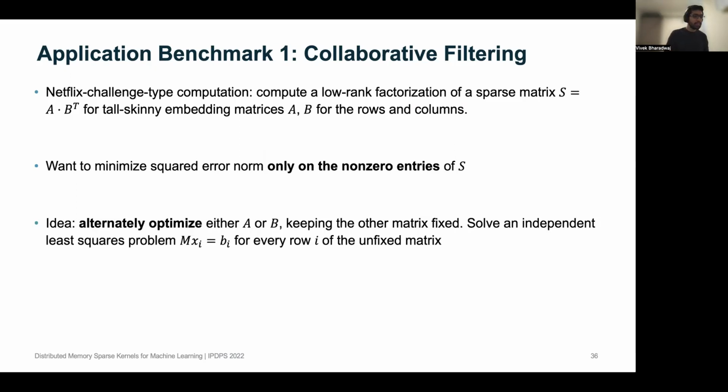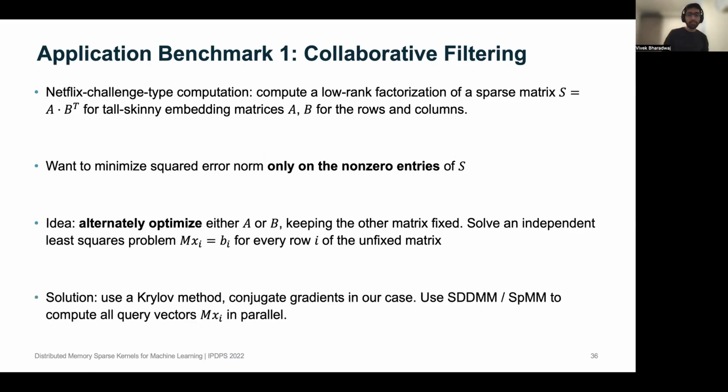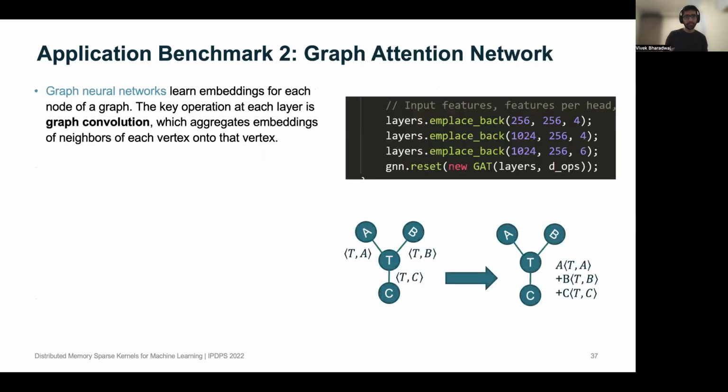And what this leads to is an individual least squares problem for every row of the unfixed matrix. We're going to alternately optimize either A or B, keeping the other matrix fixed. And the solution to solve all of these systems in parallel is to use a Krylov method. We're going to use conjugate gradients, and we're going to use SDDMM and SpMM to compute all the query vectors at once in parallel at each stage of conjugate gradients.